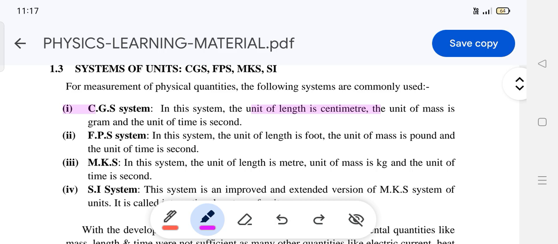FPS is the foot, pound, second system. This is the centimeter, gram, second system. This is the foot, pound, second system, used to measure in foot, pound and second. MKS is a system of meter, kg and second.